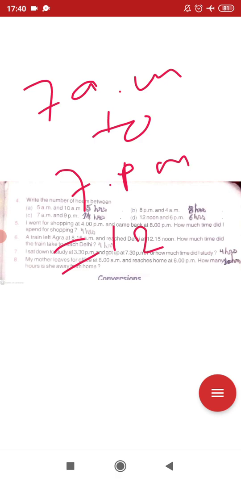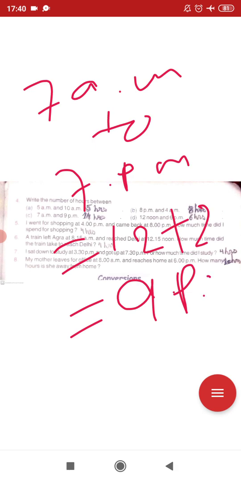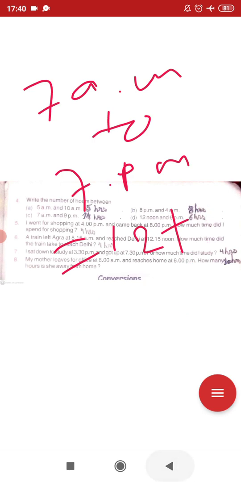Okay, so here 9 p.m. is given. So just add 2, then you will get 9 p.m. So 7 a.m. to 9 p.m., 14 hours are there.